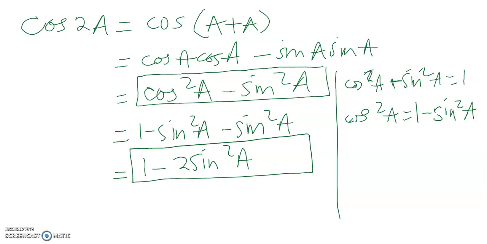And lastly, we'll get sine squared a by itself, which will give us 1 minus cos squared a.